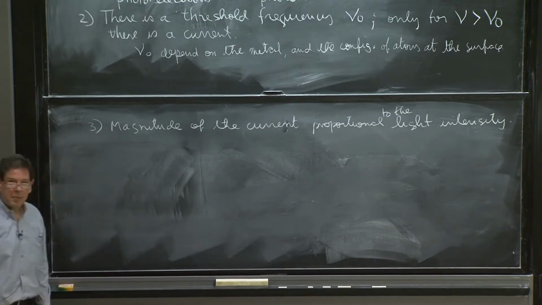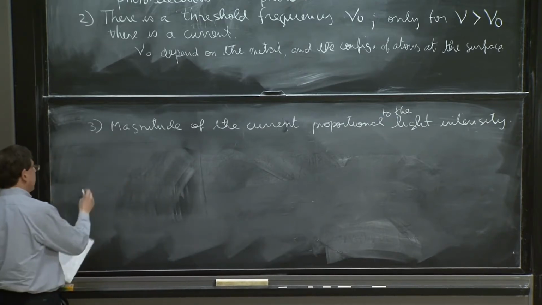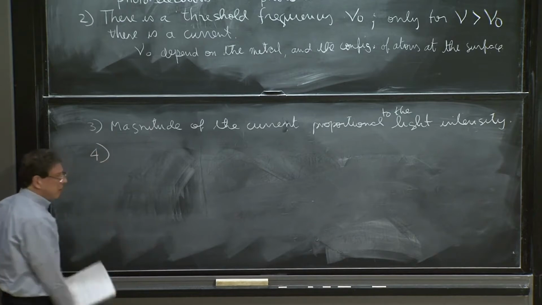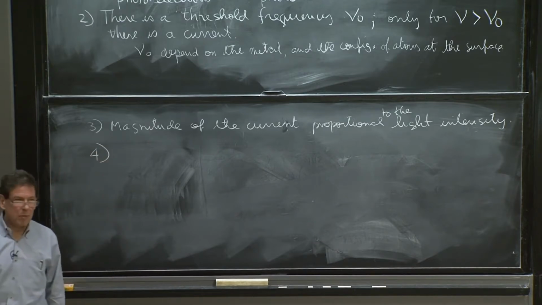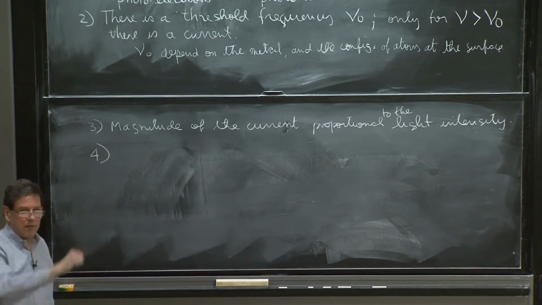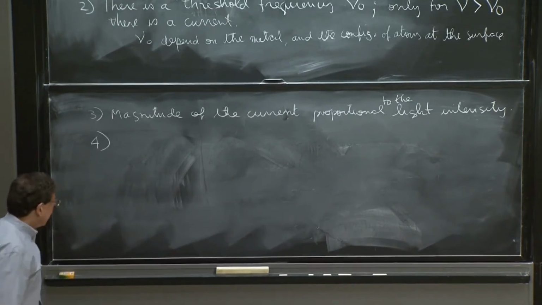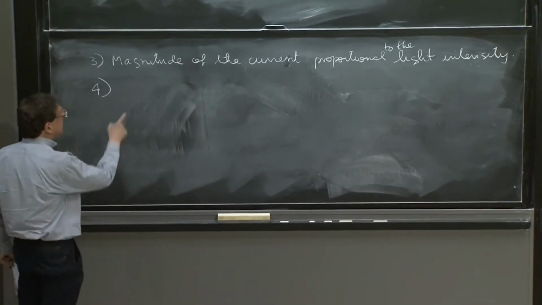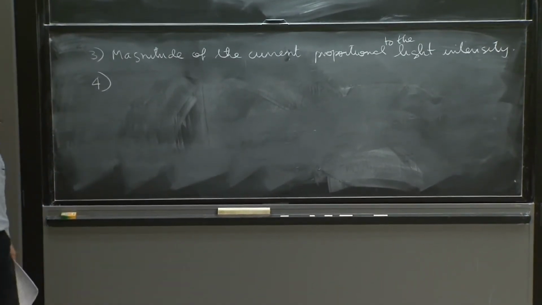And perhaps the last one, the fourth, a rather important and crucial property, is that you could observe the energy of the photoelectrons, and it seemed to be independent of the light intensity.